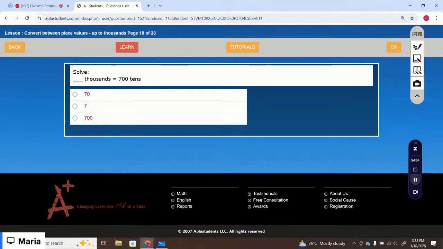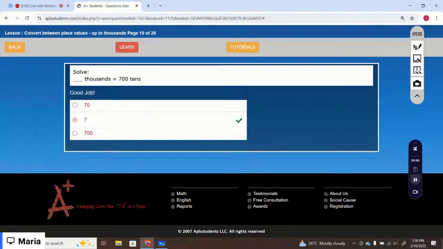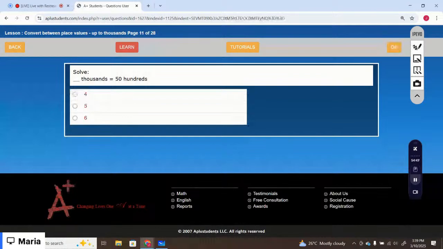710 is equal to how many thousands? 7000 it is. Option number two is the correct option. 50 hundreds equal how many thousands? 50 hundreds equal 5000.